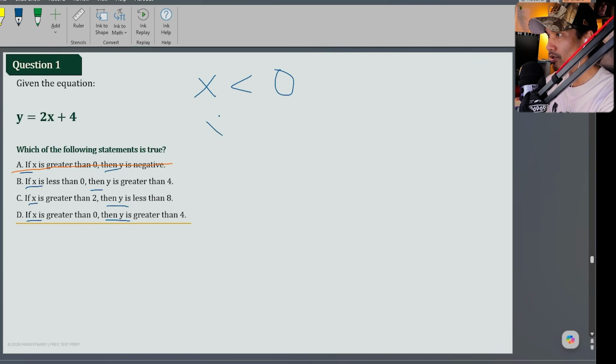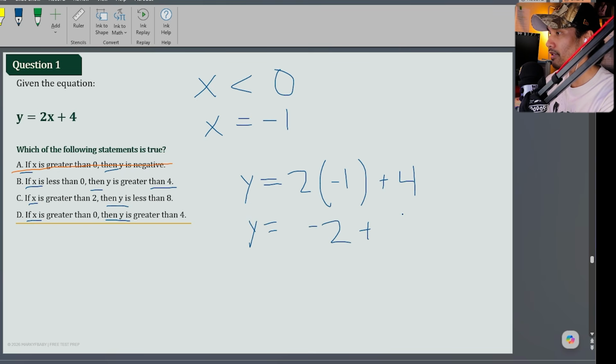So we're going to choose x equaling negative 1. Then y is greater than 4. Let's see. Okay, y equals 2 times negative 1 plus 4. We get y equals negative 2 plus 4.